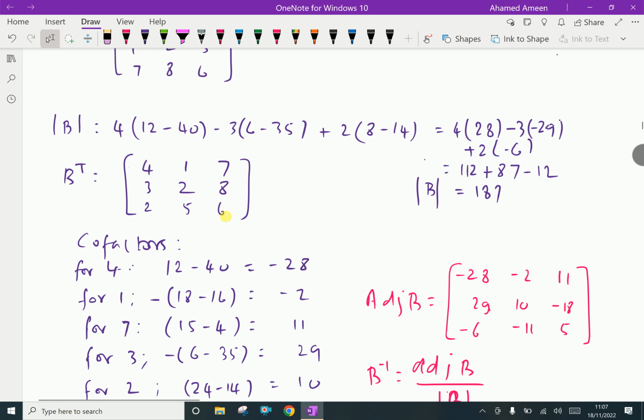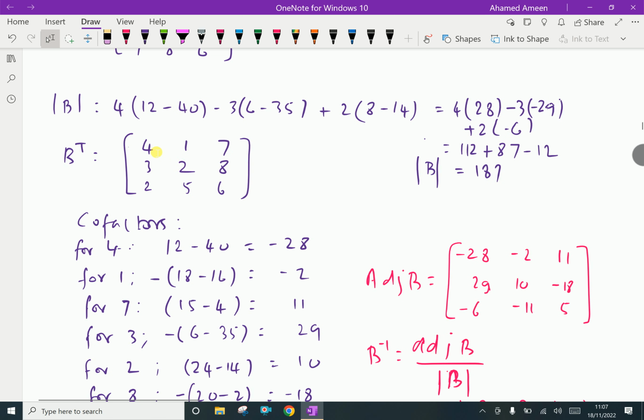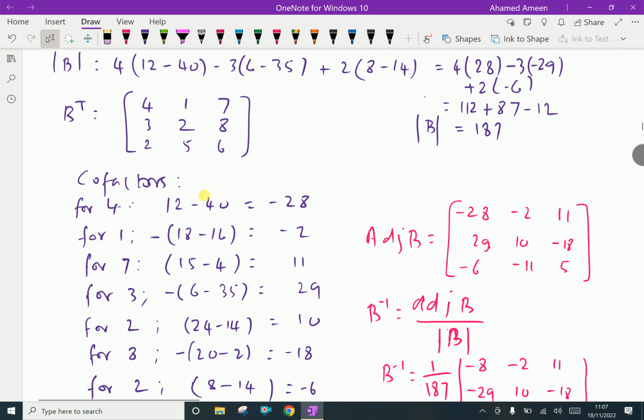So 2 into 6 is 12 minus 5 into 8 is 40. 12 minus 40 equals minus 28. Then the cofactor of 1, change the sign, as the order is positive, negative like this. Now the cofactor of 1 is in the first row second column: 3 into 6 minus 2 into 8. 3 into 6 is 18, 2 into 8 is 16. So by simplification it's minus 2.